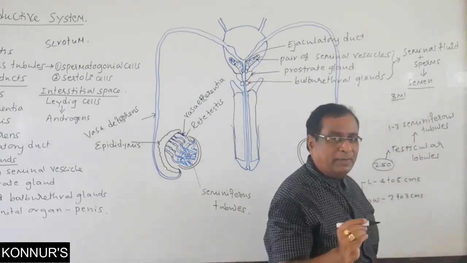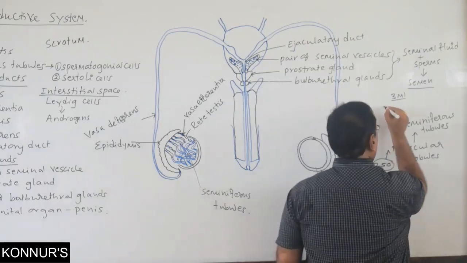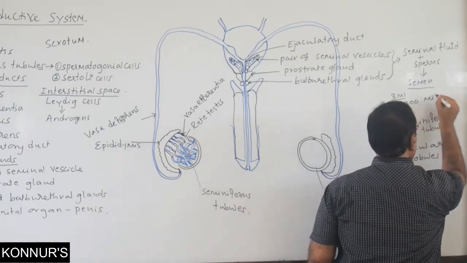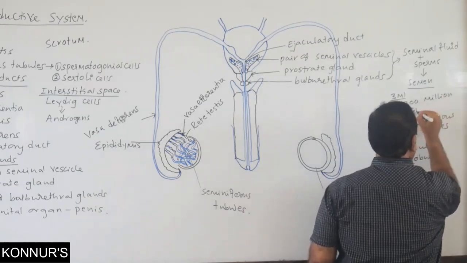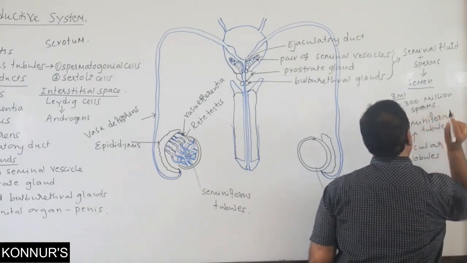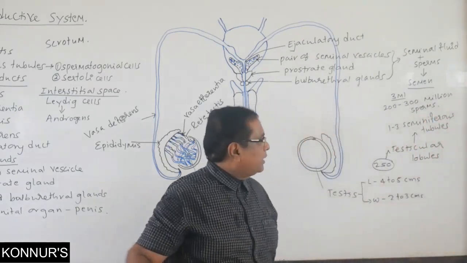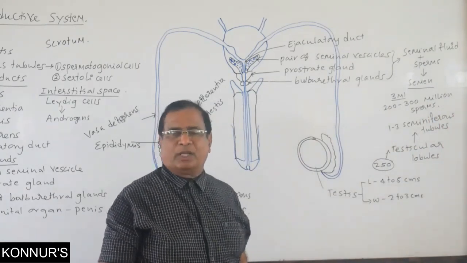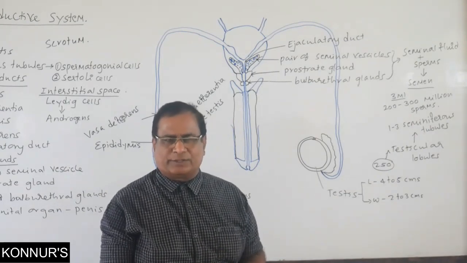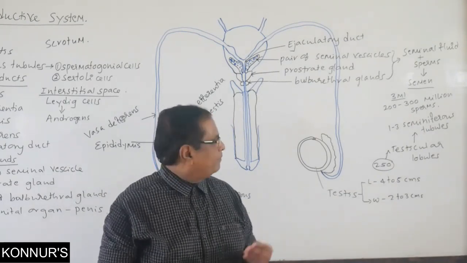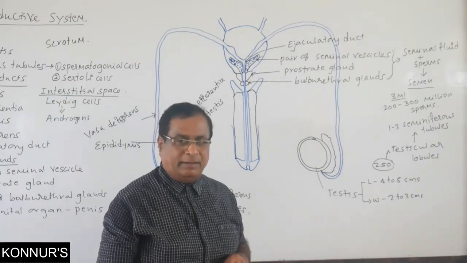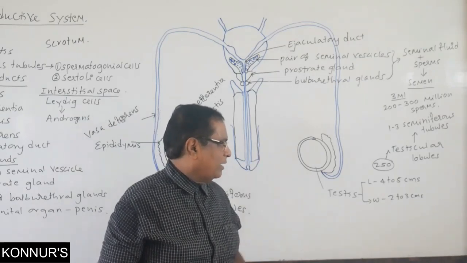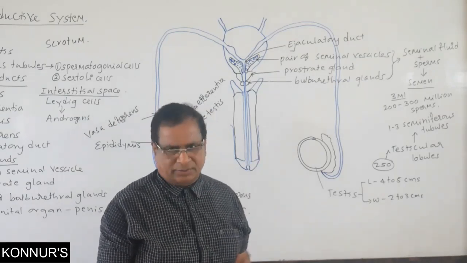In this 3 ml of semen there are around 200 to 300 million sperms. During coitus, there is an ejaculation of 3 ml of semen, and in that 3 ml of semen around 200 to 300 million sperms are present.